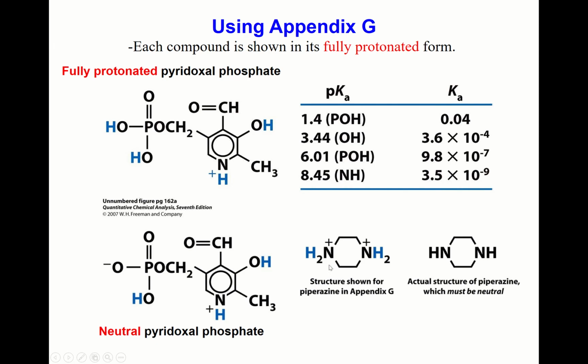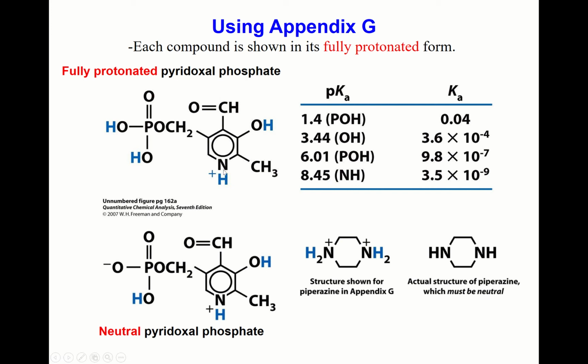Here, your textbook shows a very peculiar, rather complex molecule. I don't know the name for this one. Here is the name: pyridoxal phosphate. This is rather complicated, and there are 1, 2, 3, 4 protons that are dissociated in water.